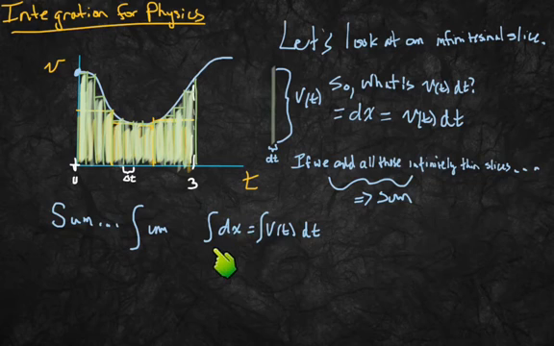If we add all of the itty bitty dx's, or itty bitty delta x's, that's going to equal the sum of all of our itty bitty v of t's times dt. Our total displacement equals the integral of v of t dt. This is how we do it in physics.